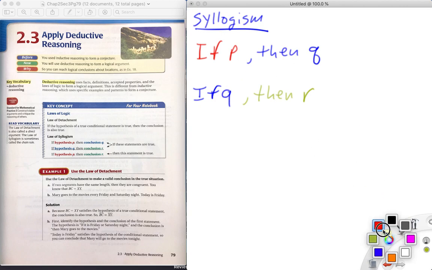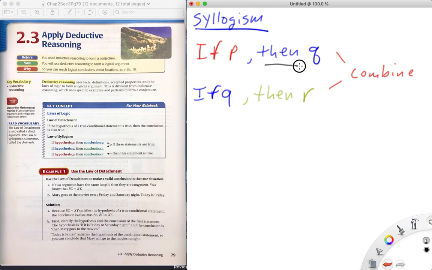What the law of syllogism says is that I can combine these two conditionals. Notice that the conclusion of one of the conditionals, Q, is the same as the hypothesis of the other. So they kind of cancel each other out. This only works if the conclusion of one conditional is the same as the hypothesis of the other.